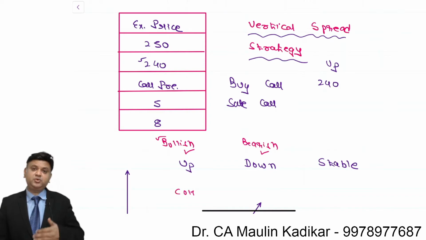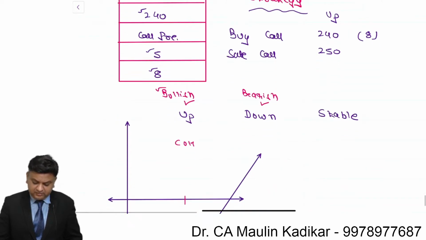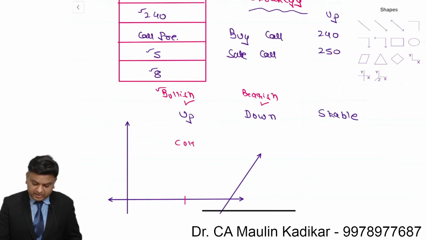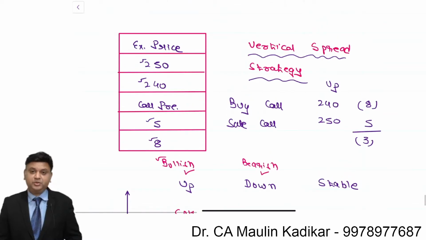Why? Because it has more chances of exercisation, and you will sell call option with exercise price of 250. Purchasing the call option with exercise price of 240, you are required to make the payment of the premium of rupees 8, and on selling the call option having exercise price of 250, you will receive the premium of rupees 5. So initially you are required to make the payment of rupees 3 as premium when you enter into the transaction.